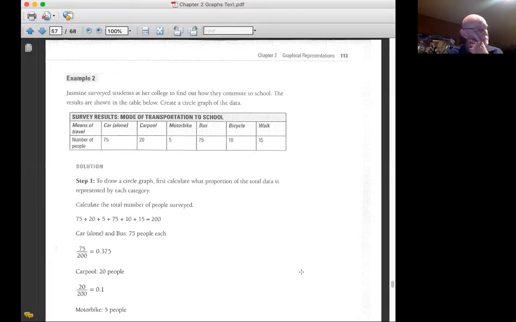So I'll try to show you an example. Here we have a grid, or a table of data.